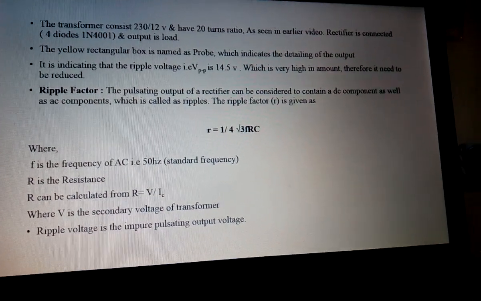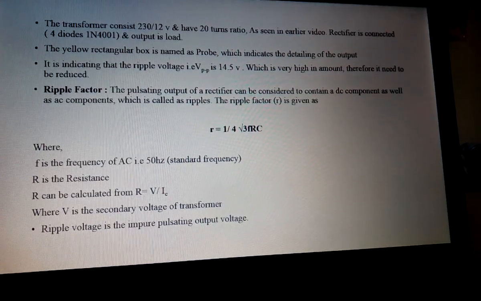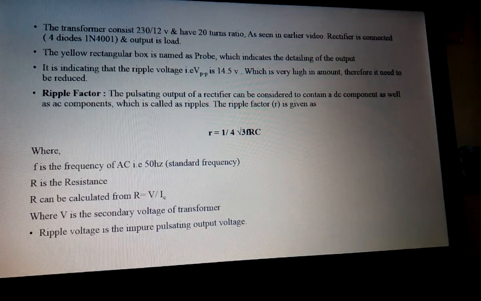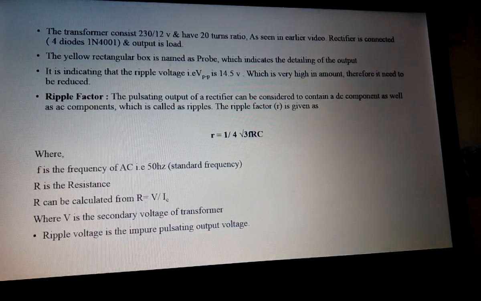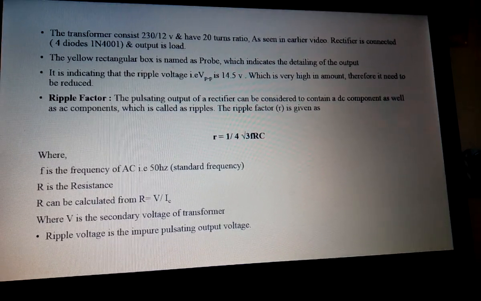Here, the transformer that we have connected is 230 by 12 volt and has a 20 turns ratio, as seen in the earlier video. Now here, the rectifier is connected, a rectifier of 4 diodes of series 1N4001, and the output load.